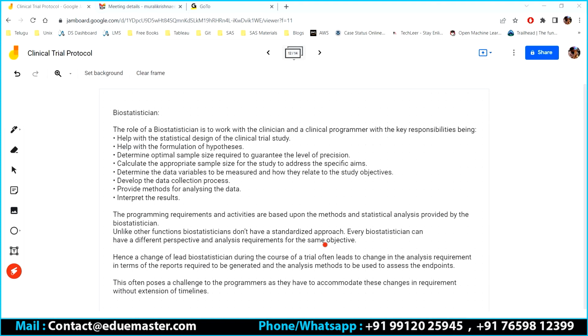By then, the biostatistician along with the principal investigator raise a question: what is the dosage that we have given, and in how many days has this subject recovered? The investigator can answer that. Then again, the principal investigator or biostatistician asks a question. We conducted this trial in a proper, controlled environment.